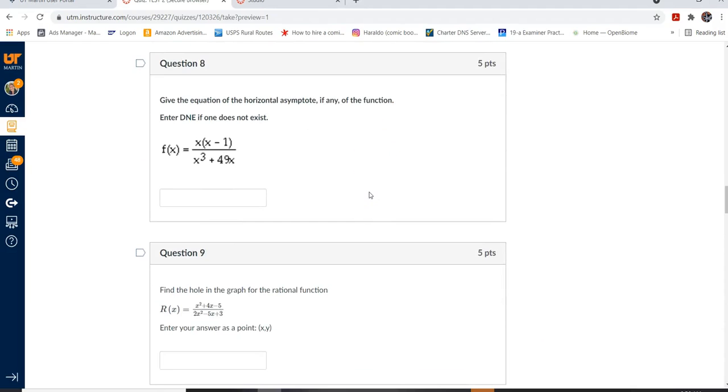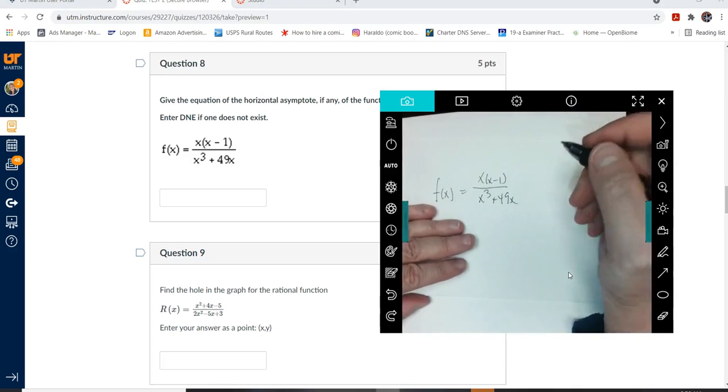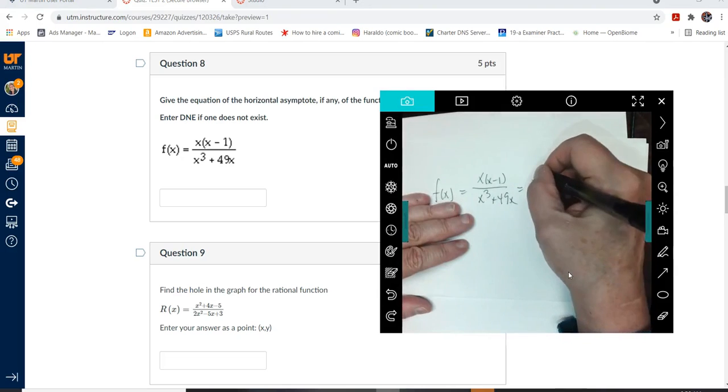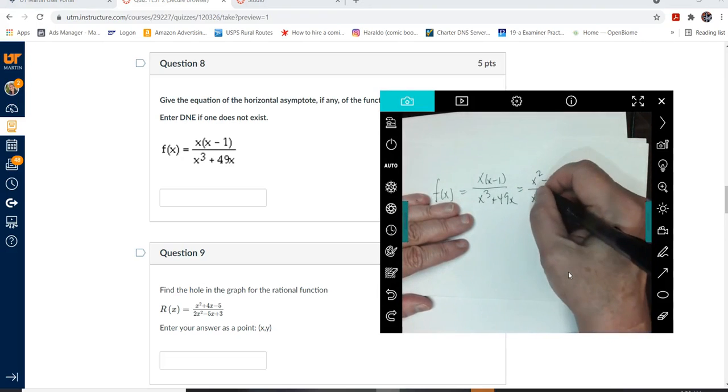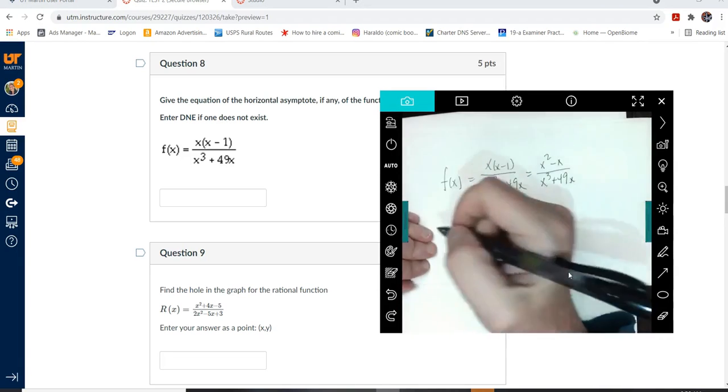Alright, give the equation of the horizontal asymptote if there is one. Okay, so let's write this out. For the horizontal asymptote, I need to know the degree of the numerator and the degree of the denominator. I can go ahead and just multiply that through. There were three cases you had to know for horizontal asymptote.